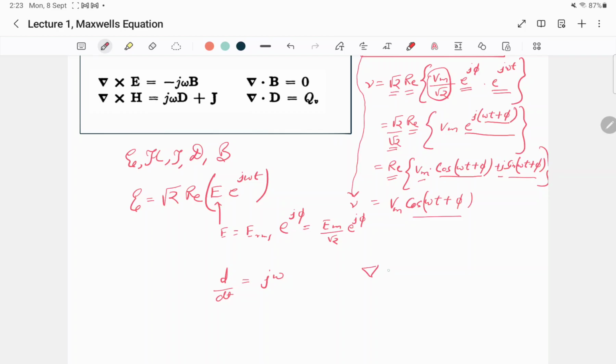So we know that del cross E is equal to negative time derivative of B, where this E can be replaced with root 2 real part of E e to the power j omega t, and this B can be replaced with root 2 real part of B e to the power j omega t.